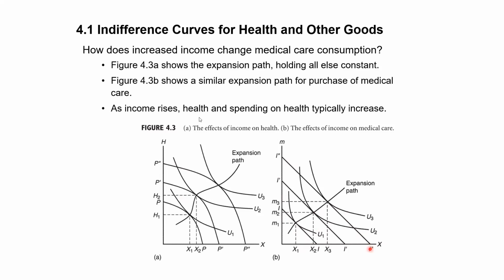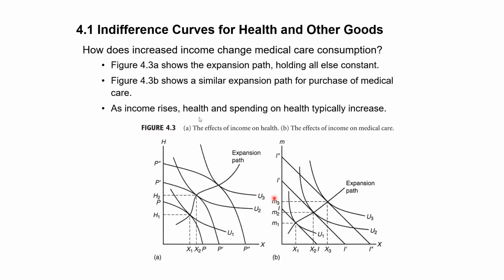So these panels show that there is actually an expansion path, an increase in the consumption of X goods, and H or health, an increase in health consumption as measured by your medical care services, holding everything else constant.